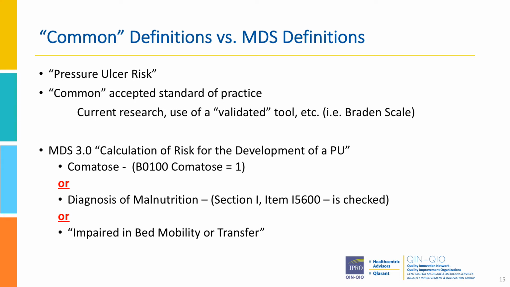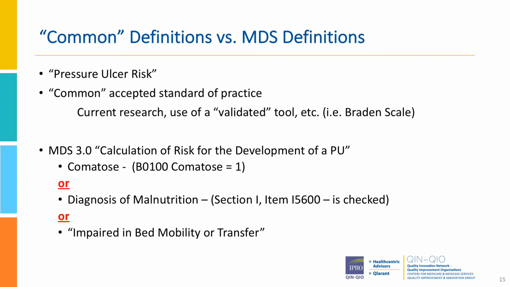For purposes of the MDS, there are three items that the MDS uses to determine pressure ulcer risk. Item B0100, comatose. If that item is coded 1, then the resident is at risk for the development of pressure ulcers, and that makes sense. Another item is in section I, item I5600, malnutrition or the risk of malnutrition.